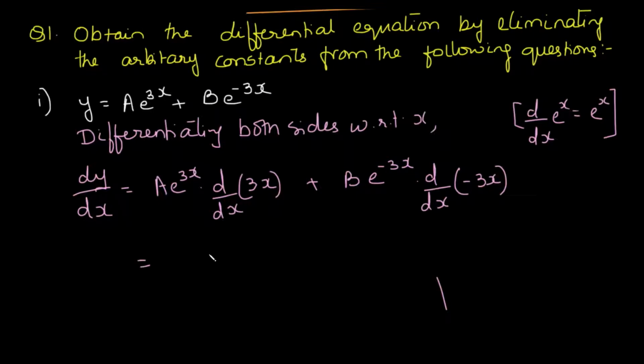The differentiation of 3x is 3. So we get 3a e raised to 3x minus 3b e raised to minus 3x, because the differentiation of minus 3x is minus 3.